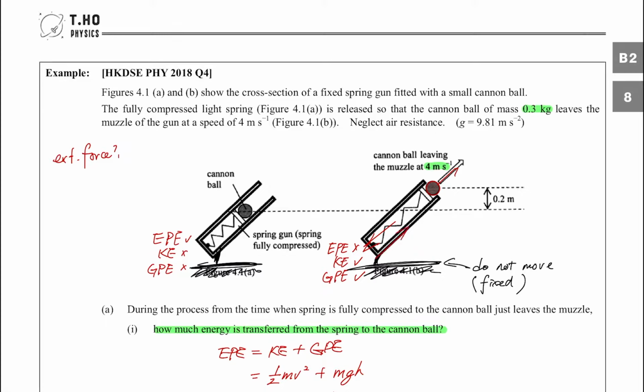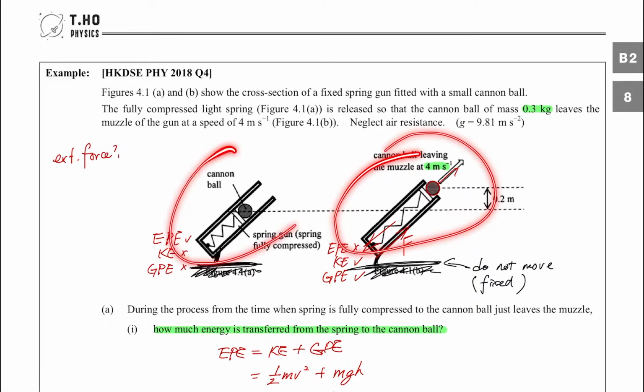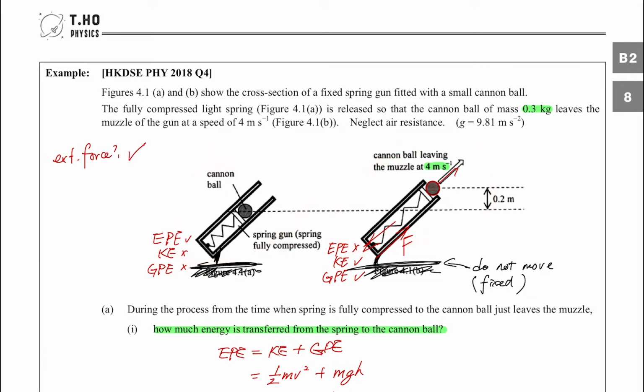Because the ground has a supporting force that acts on the spring gun. So basically, this is not an isolated system. Or in other words, yes, there is external force acting on the spring gun.